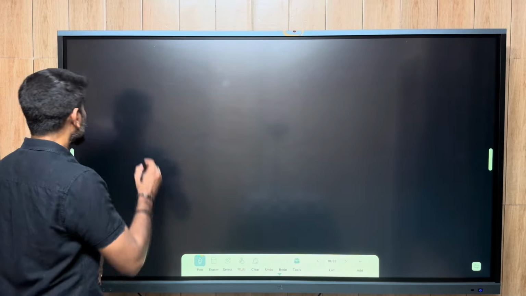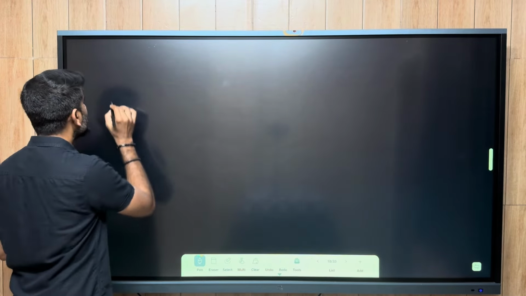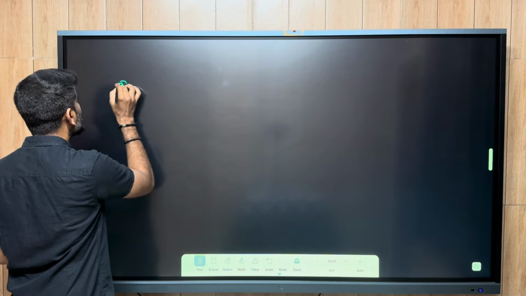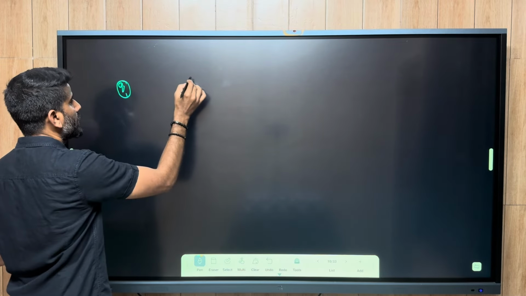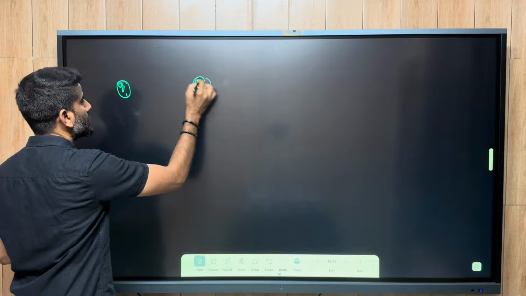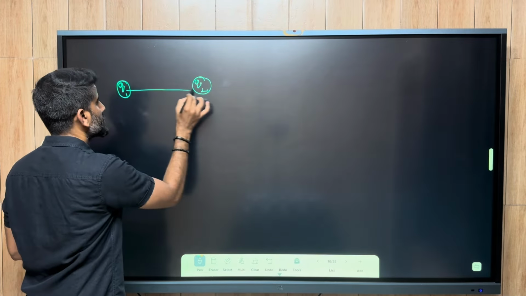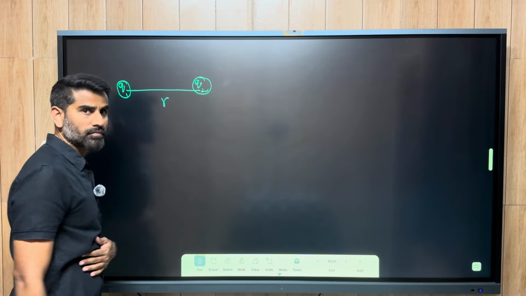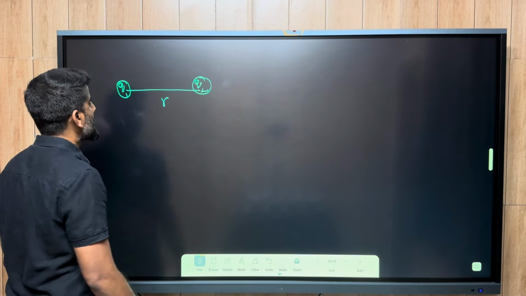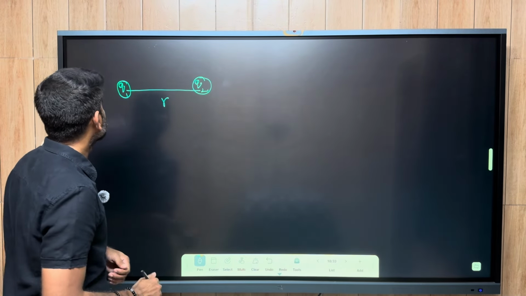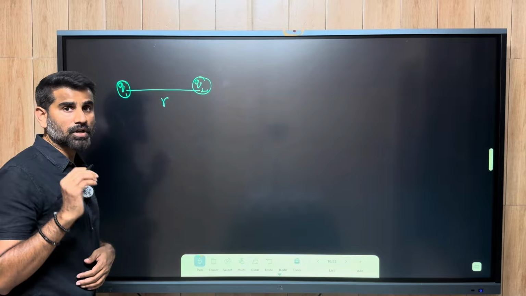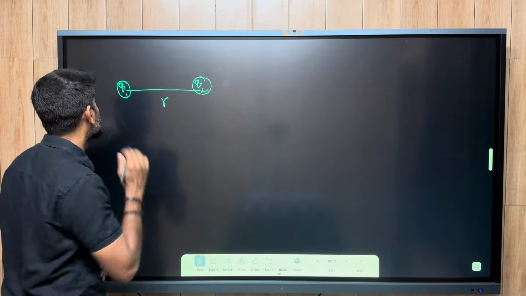Okay, let's define the example again. I'm taking Q1 here and Q2 here. Separation between the two is R again. Now what I'm going to do is, I'm going to consider a negative sign for one of the charges.